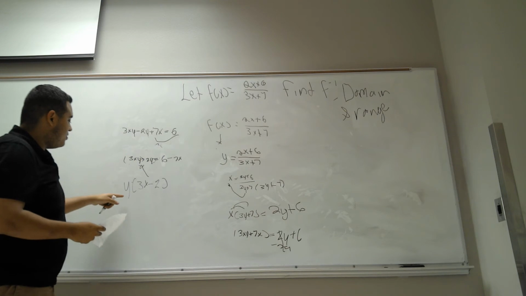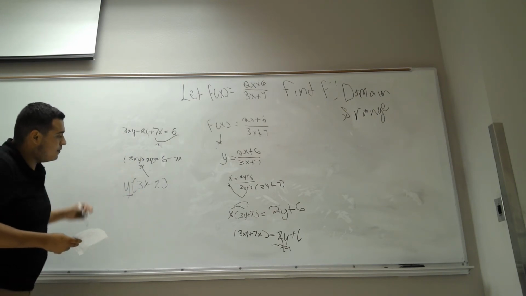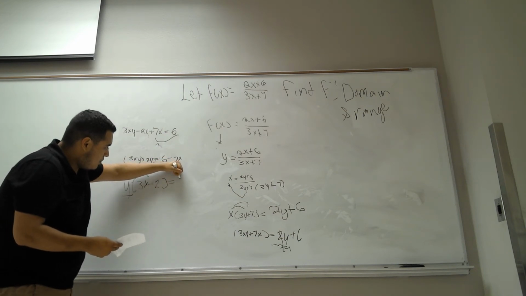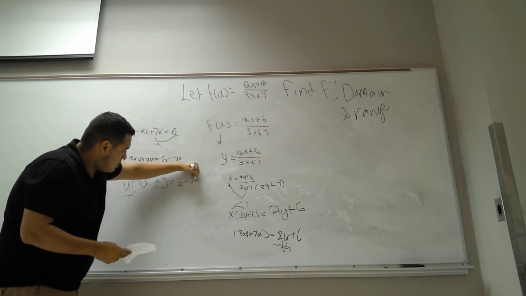And what you did right here, doing this, you leave the y alone. As you can see here, it's alone, and it's going to be equal to 6 minus 7x.